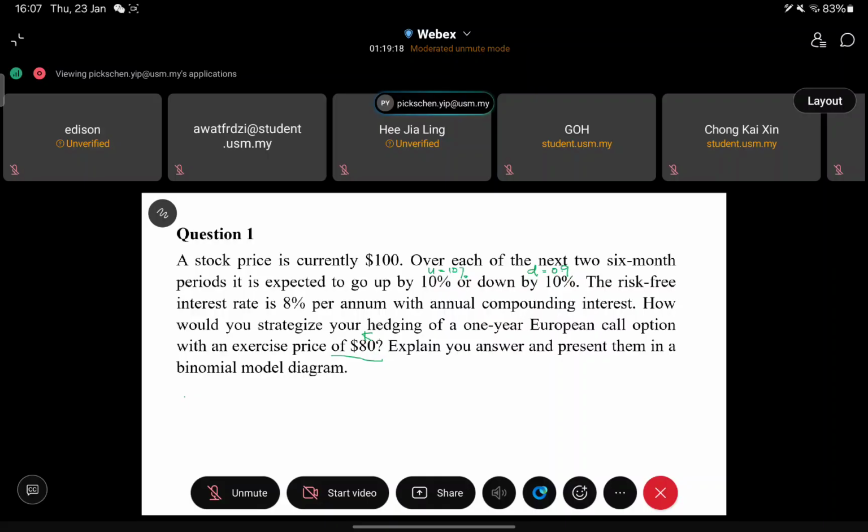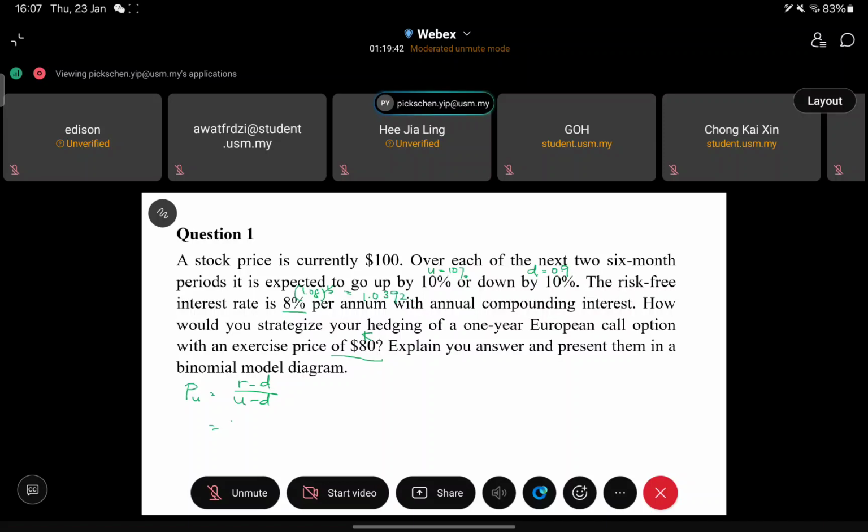From this, the first step is to calculate PU, which is equal to R minus D divided by U minus D. R is 1.08 to the power of 0.5, and from my calculation it is 1.0392.